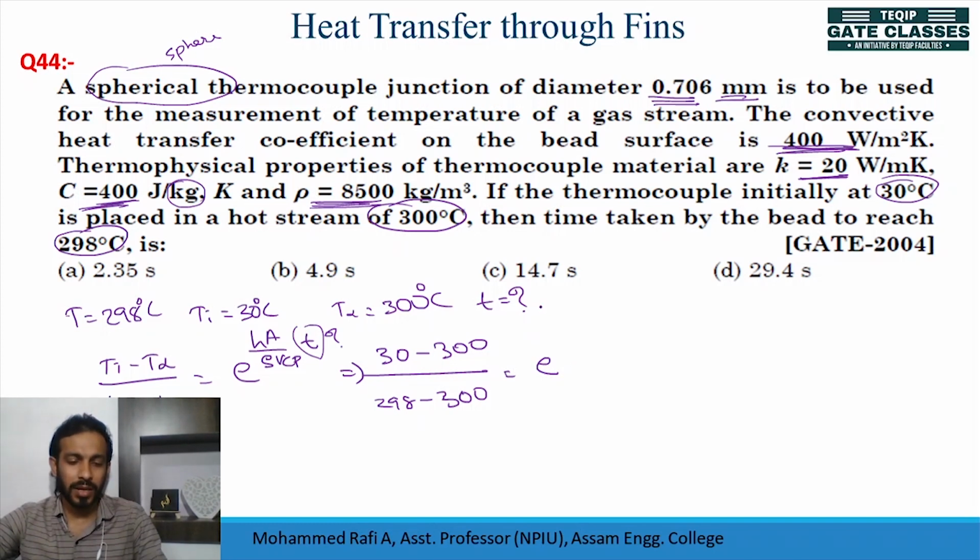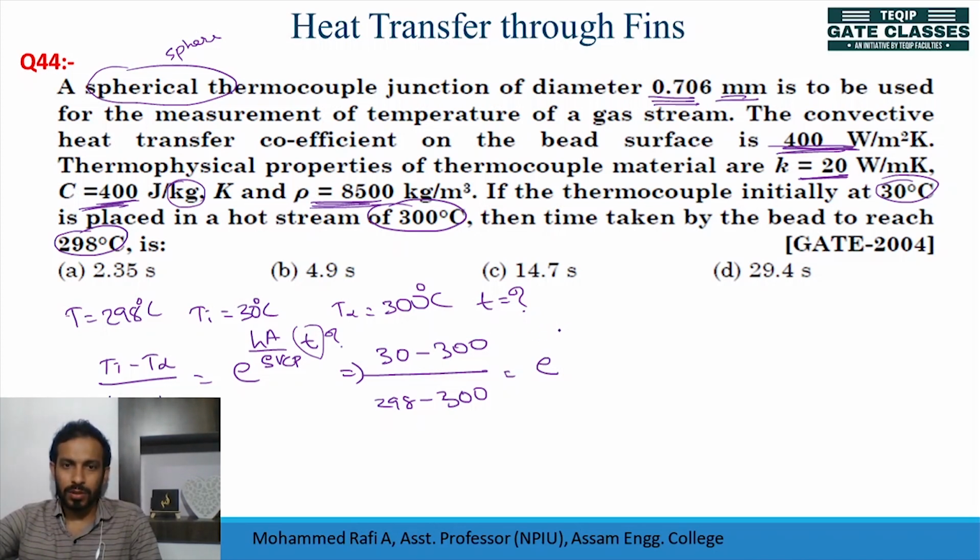Guys, you also do it and tell me in the comments what answer you are getting. This will usually be a straightforward question, but the equation is quite lengthy, so be careful about the units and the values.